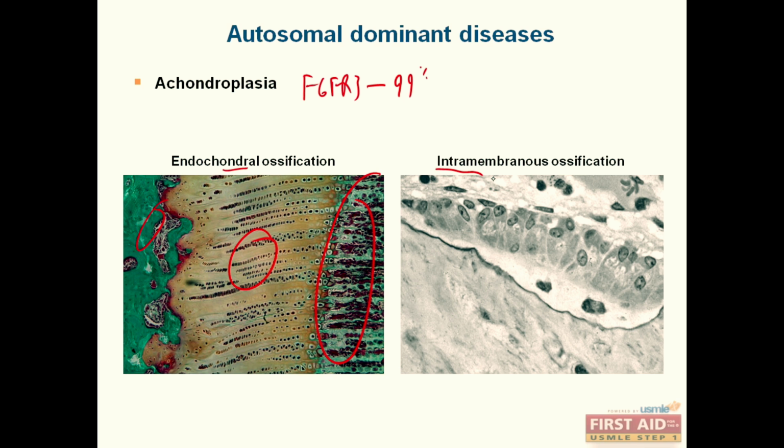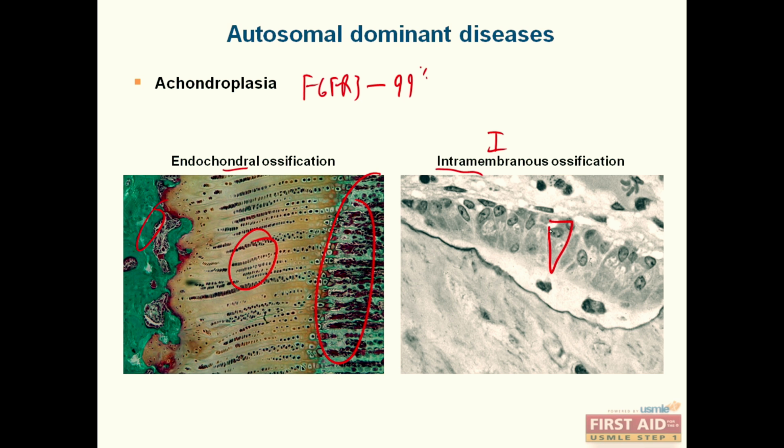In intramembranous ossification, osteoblasts lay down osteoid material to grow the bone. There's no cartilage involved, and this is used for bones like the skull or the pelvis. Let's double check your molecular biology here. What type of collagen makes up 90% of the mass of osteoid? That would be type 1 collagen.